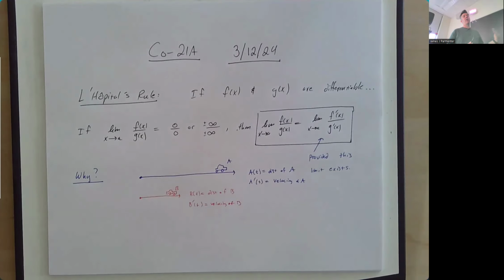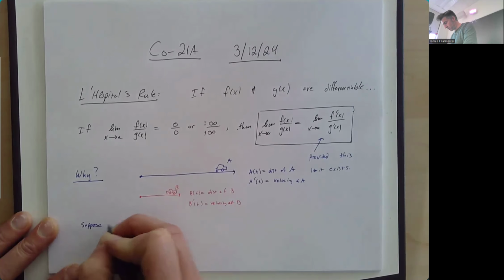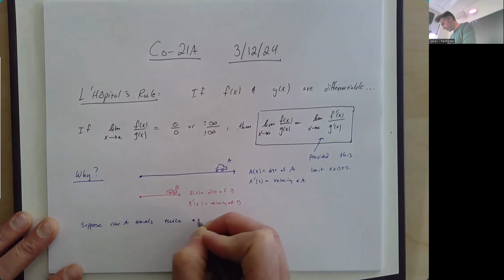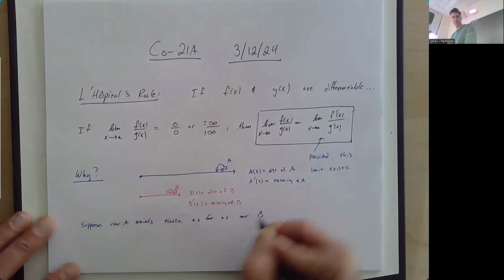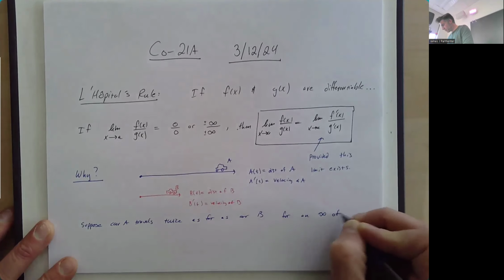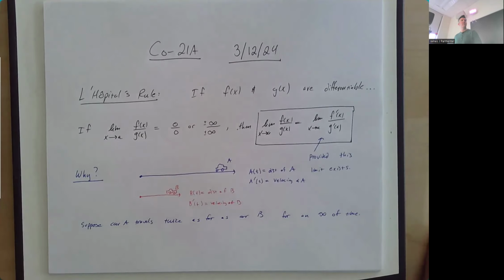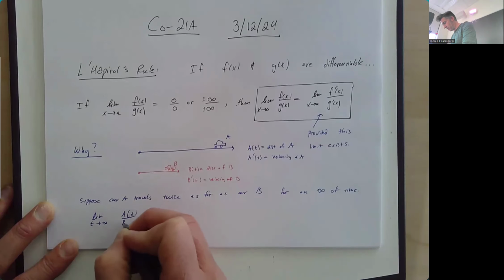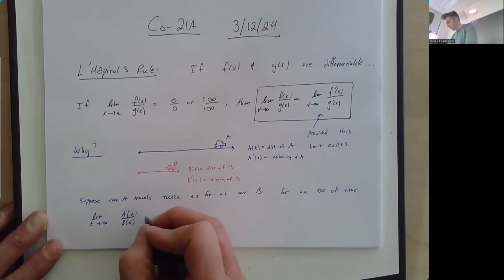But car A travels twice as far as car B. What this would mean is that no matter where you were in time, car A would always be twice as far as car B. Or in other words, you could say that the limit as t approaches infinity of A of t over B of t is going to equal 2.